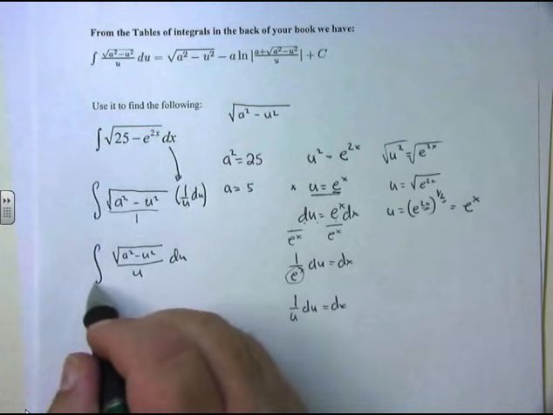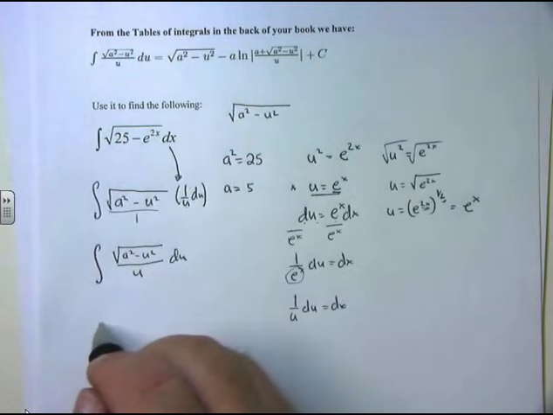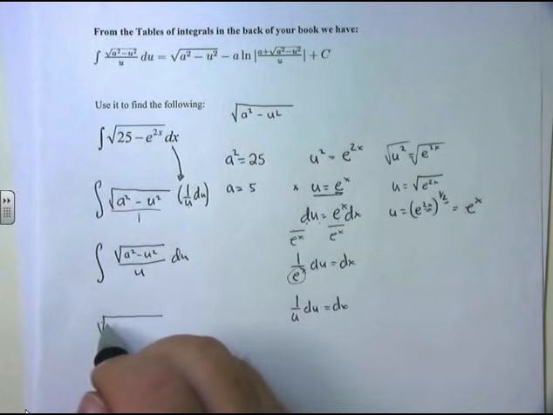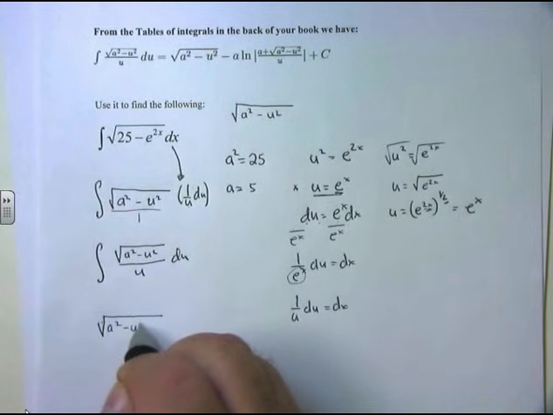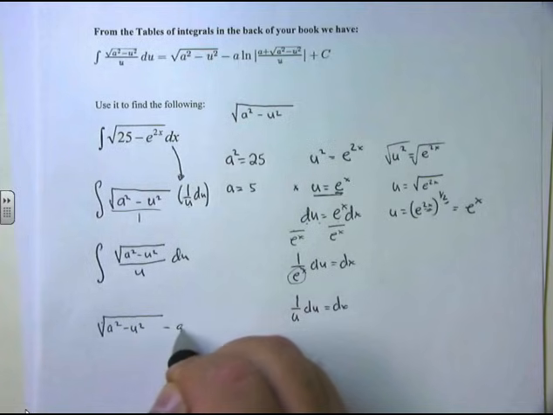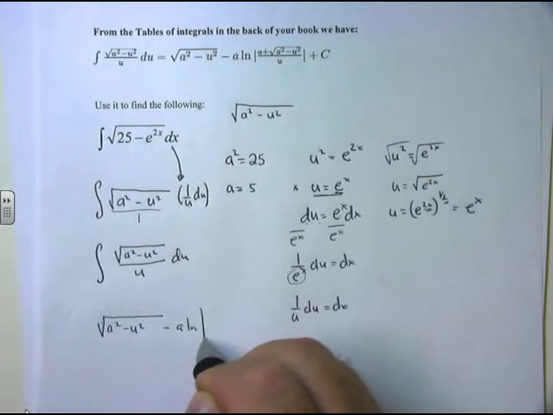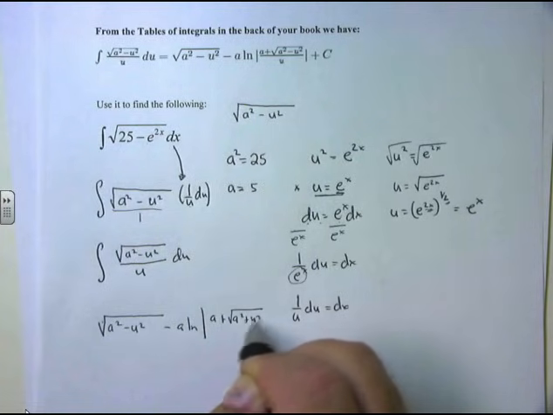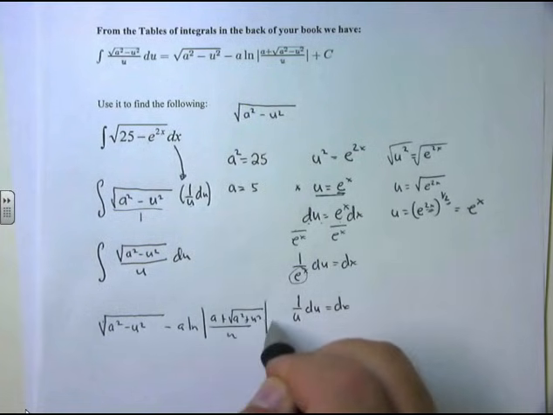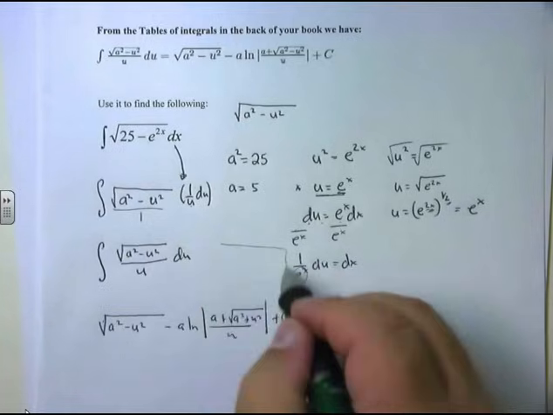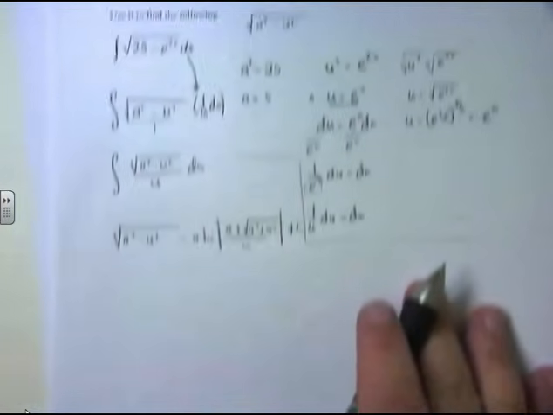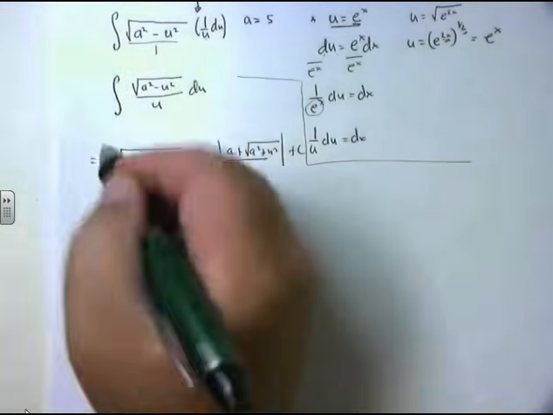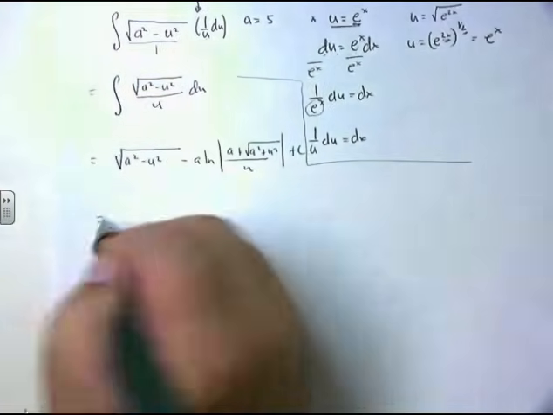So I get to replace this guy with my formula, which is the square root of a squared minus u squared minus a natural log absolute value of a plus the square root of a squared minus u squared all over u, and a big old plus c there. Okay, now the last thing we're going to do is to back substitute.